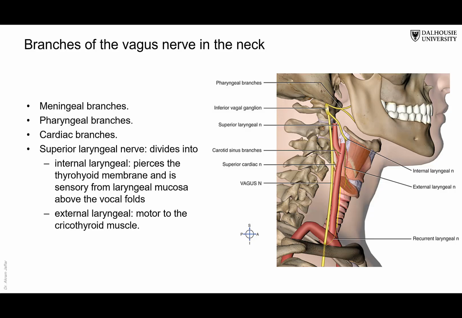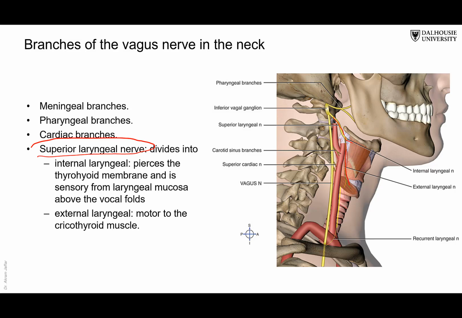In the neck, we have the vagus nerve as well, the 10th cranial nerve that leaves through the jugular foramen. It has several branches. One of these branches is the superior laryngeal nerve. This is the superior laryngeal nerve here, this one. And as you can see, it divides into an external laryngeal and internal laryngeal.